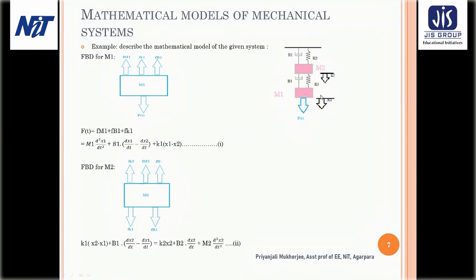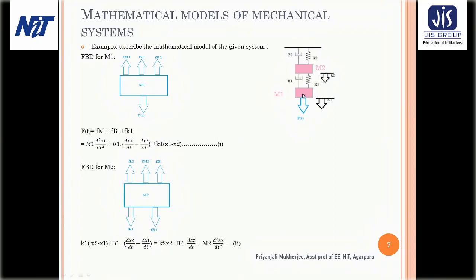So first we need to draw the free body diagram of mass 1. When mass 1 is considered, the applied force is in the downward direction, so the displacement is in the downward direction. The inertia force will act in the opposite direction of this displacement, so Fm is opposite to the displacement.